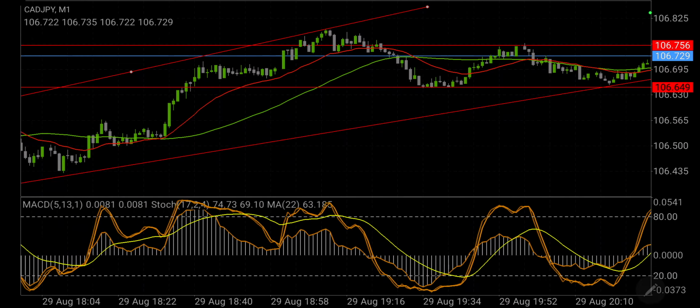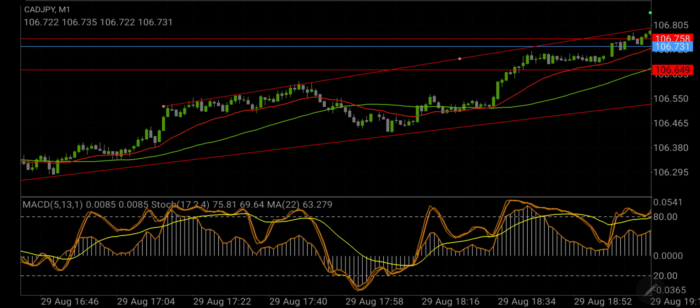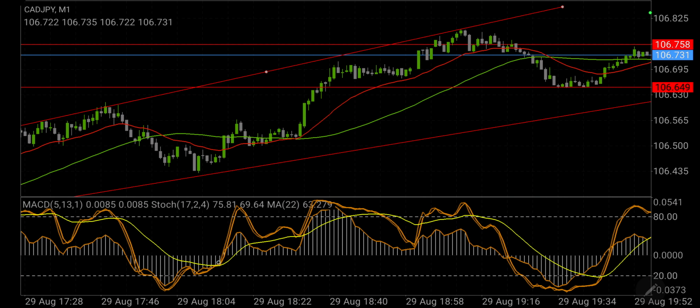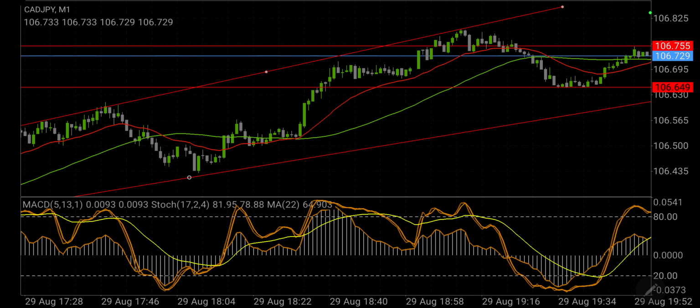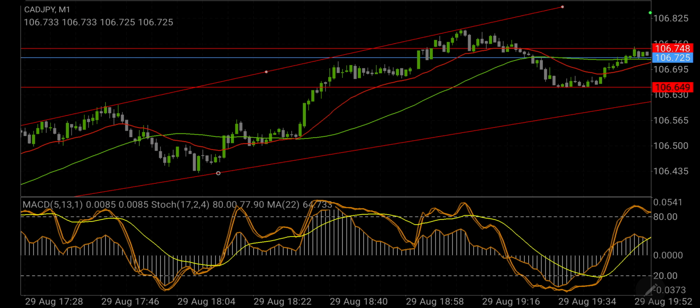But if you look at the previous signals the indicators were giving, the price reached the trend line and the stochastic crossed the yellow moving average to the upside, and you can see the market shot up from here.